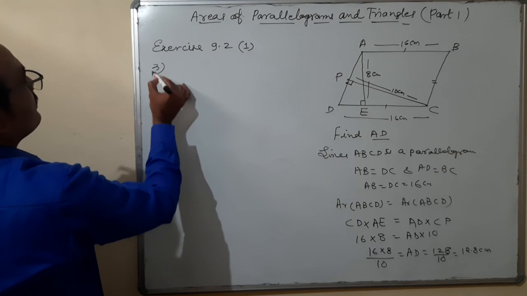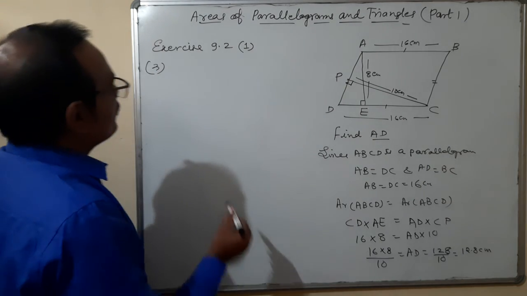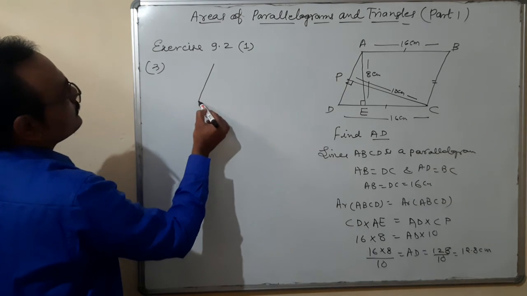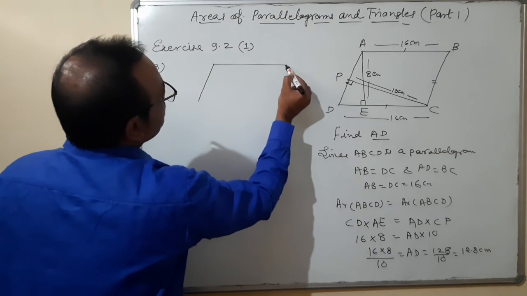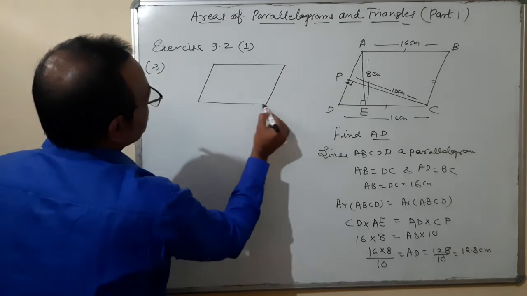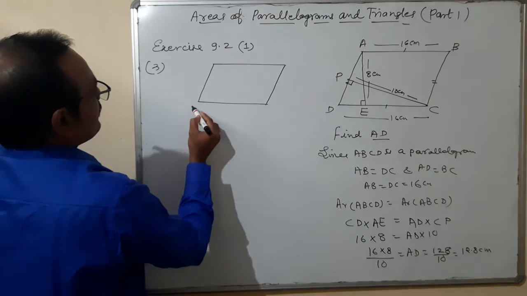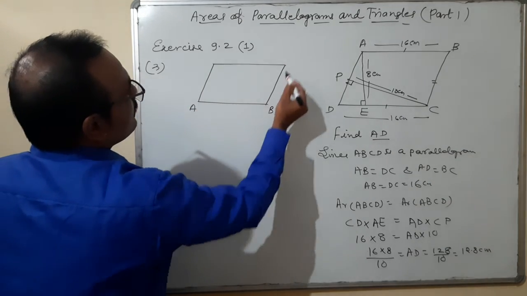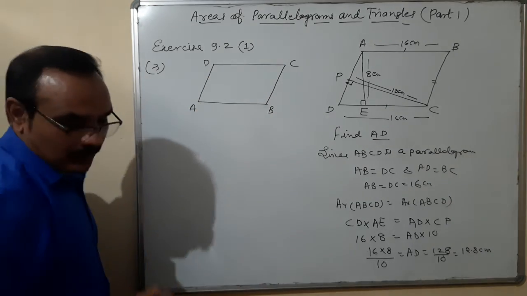Third question. Parallelogram ABCD with vertices A, B, C, D is given.